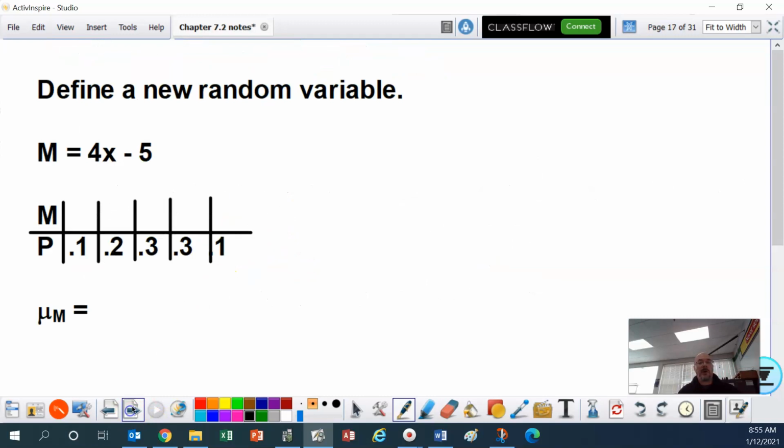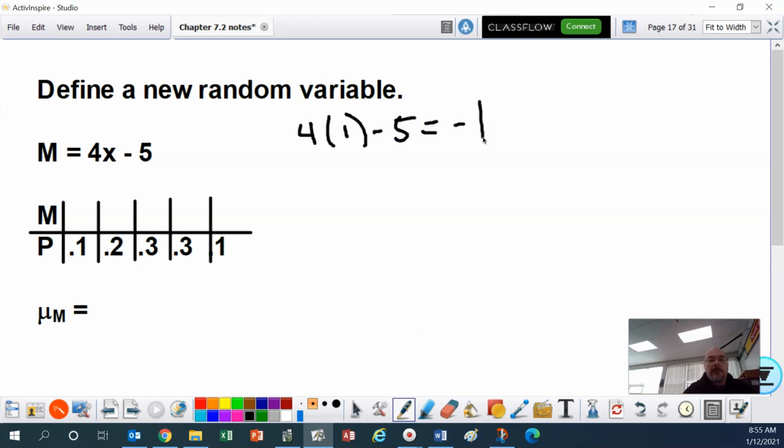All right, let's keep going. So in this situation, we're defining a new variable here. We're going to take 4 times 1 minus 5, which means this would be -1, right?